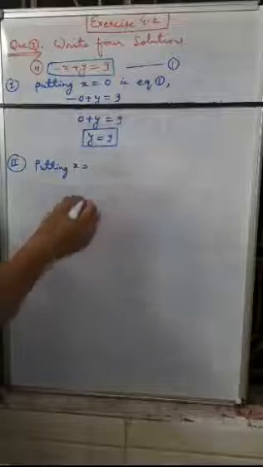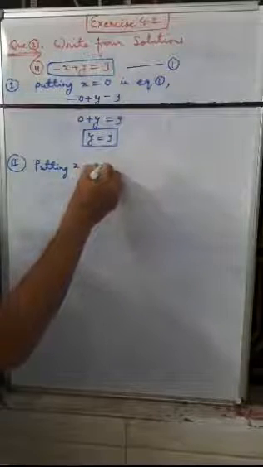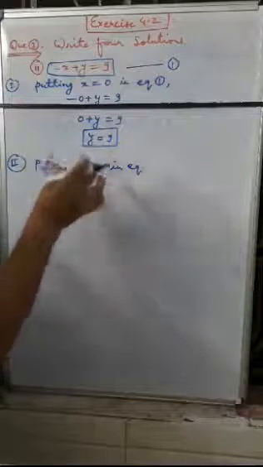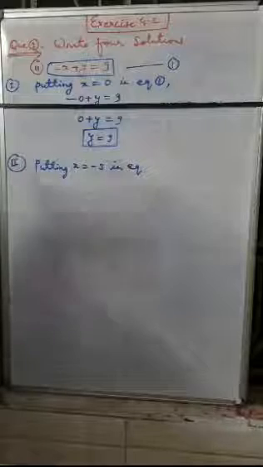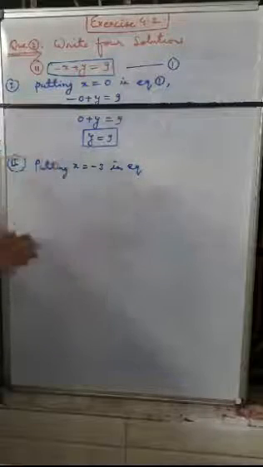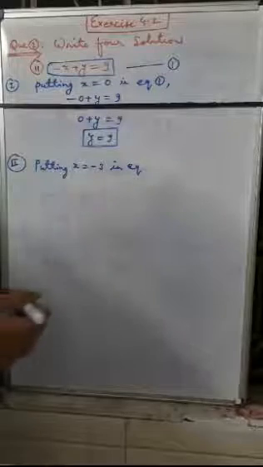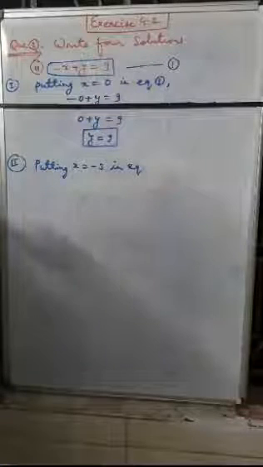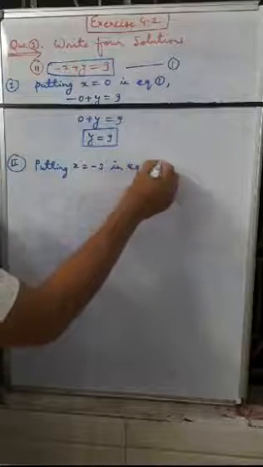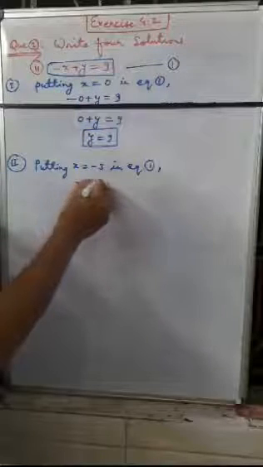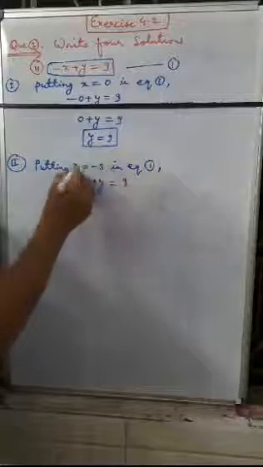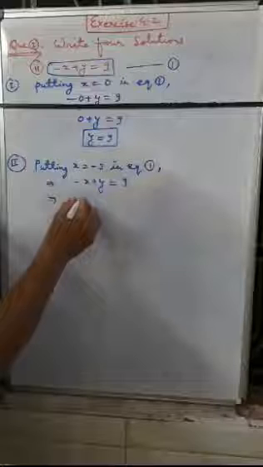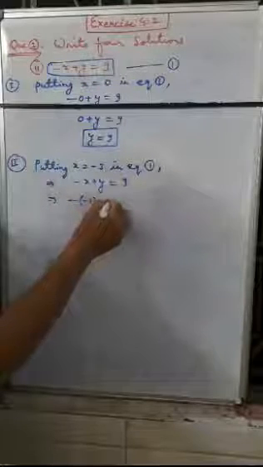And in the second step, suppose we are putting x is equal to -3 in equation 1. It depends on you which value you want to put. It is not necessary to put only 1, -1, 2, -2. You can put whichever value you want in the equation. So putting x is equal to -3 in the standard equation -x plus y is equal to 9, in place of x we put -3: -(-3) plus y is equal to 9.